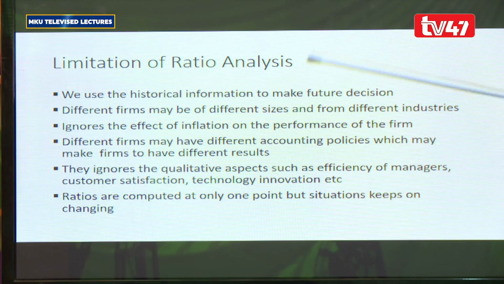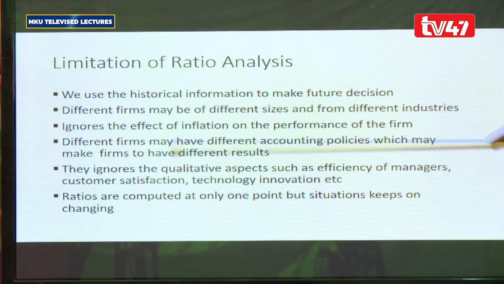The efficiency of the manager may tell about the performance of the company some years to come. It may be doing well, but probably the company is now being managed by low quality managers. So we may predict that even if you are doing well, as long as the manager is not efficient, the company may not be doing well some years to come.